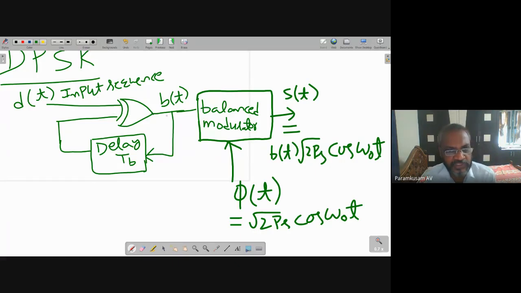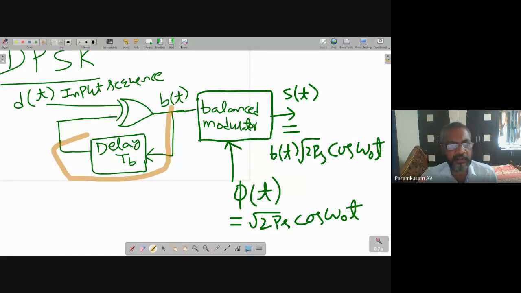Here, the output of this exclusive OR gate is again fed back to the input of the exclusive OR gate with a delay of TB. అంటే ఒక లాజిక్ ఫస్ట్ ఒక బిట్ ఇంటర్వెల్లోనే మనకు వచ్చింది అనుకోండి, ఇక్కడ ఏదో అవుట్పుట్ వస్తుంది కదా, that bit is again applied to the input of the exclusive OR gate in the next bit interval.